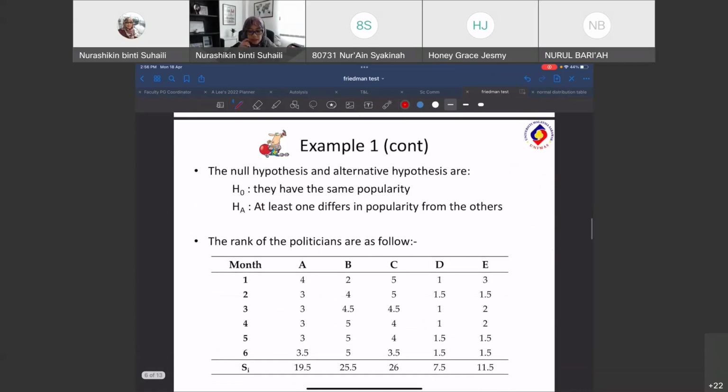So the first step, the hypothesis, the null hypothesis: they have the same popularity, or there is no difference between the politicians. Maybe you want to say it more specifically, the politicians. Okay. And for the alternative, at least one differs in popularity from the others.